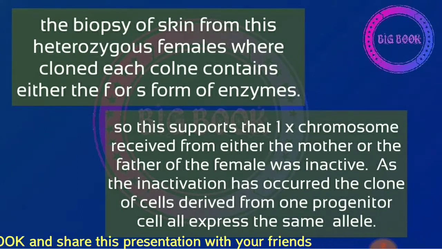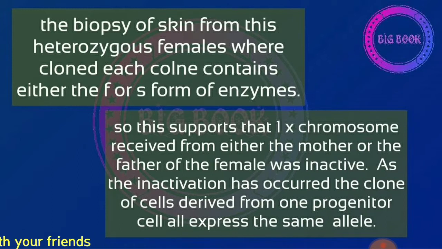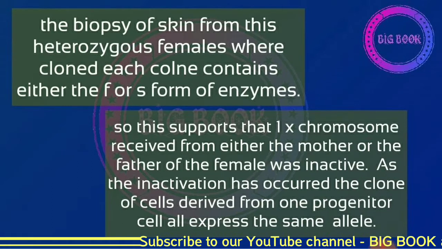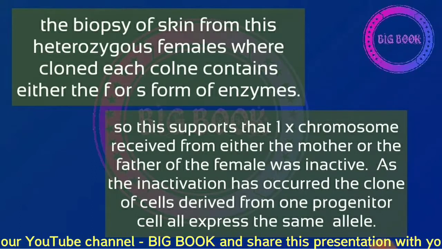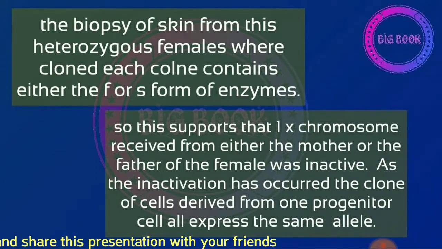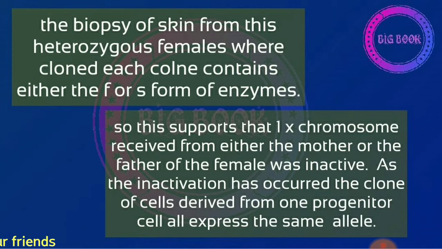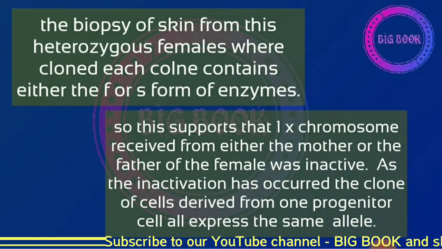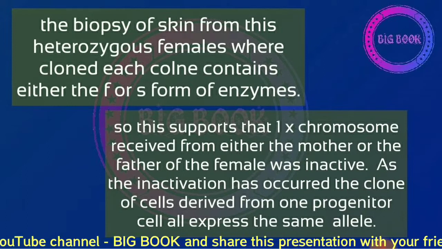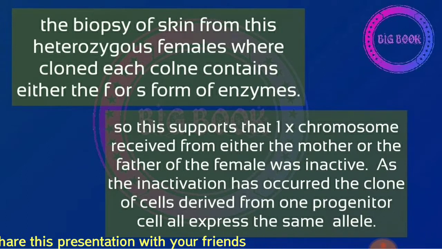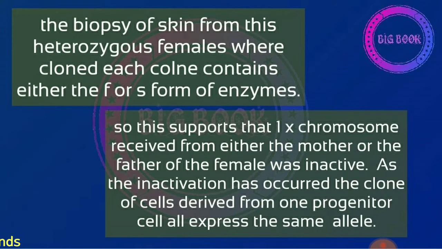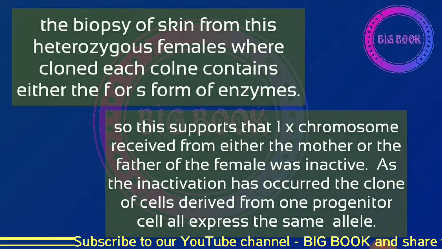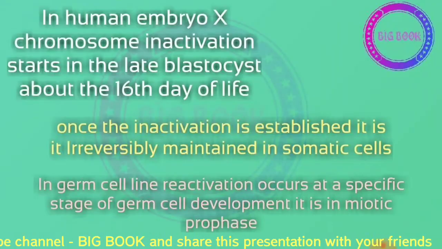So here, out of the random X chromosomes received from the parents, one remained inactive, and it is going to remain inactive for the whole life cycle of that particular organism. As the inactivation has occurred, the clone of cells derived from one progenitor cell all express the same allele.